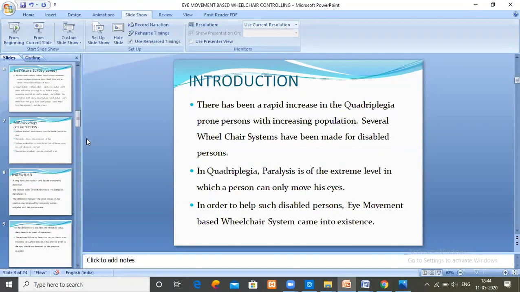Whenever we perform any operations on an image, it will be converted into binary images, and then it will perform the operations. What is the purpose of iris detection? When it is converted into a binary image, we have two colors: one is black and another is white. The black is the major portion of the image.